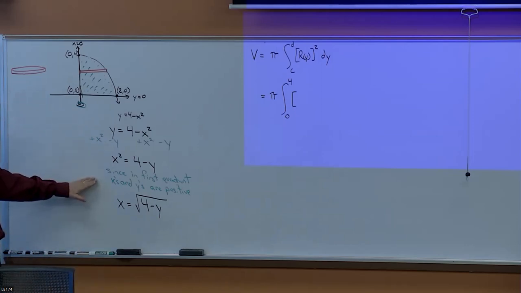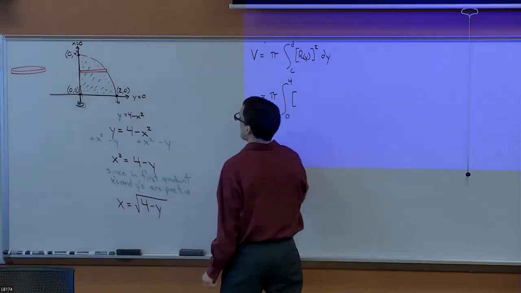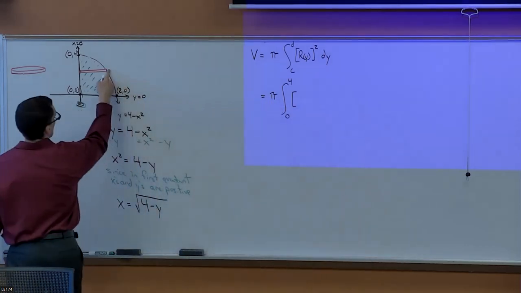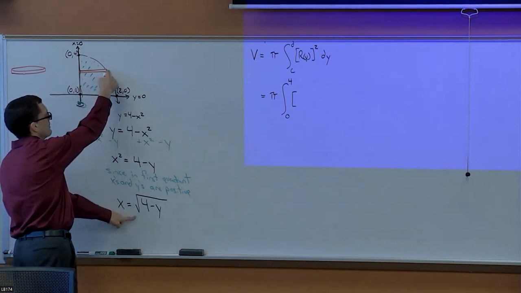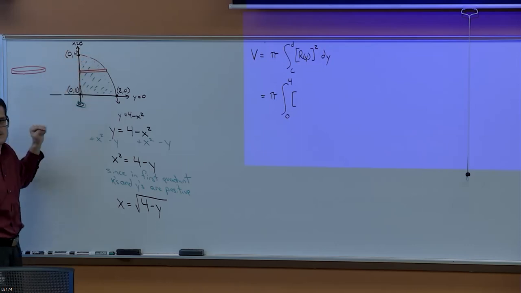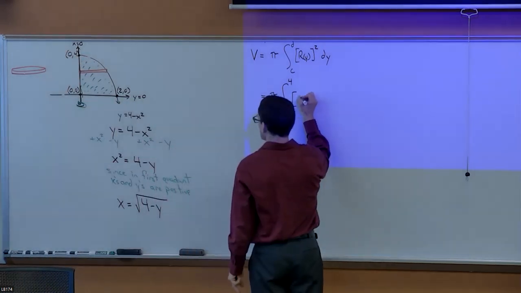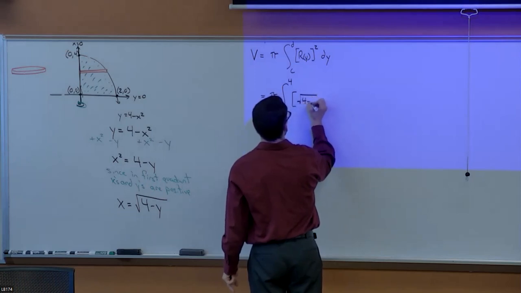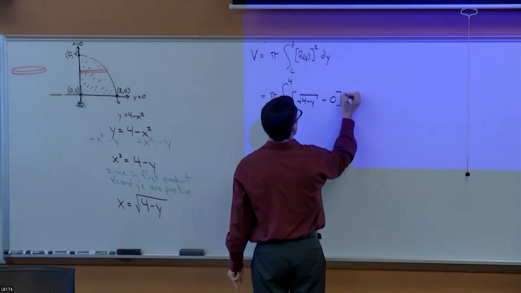But since it's in the first quadrant, I can take the positive square root, and then I just plug that in. So the right-hand side of this radius of this rectangle is going to be the positive square root, and we're rotating it around the line x equals 0. So we do positive square root of 4 minus y down to 0.